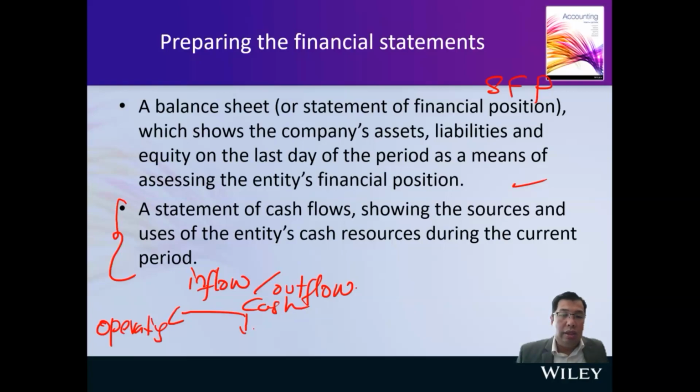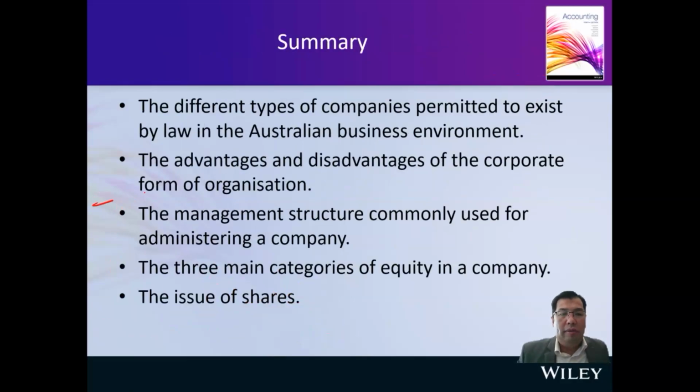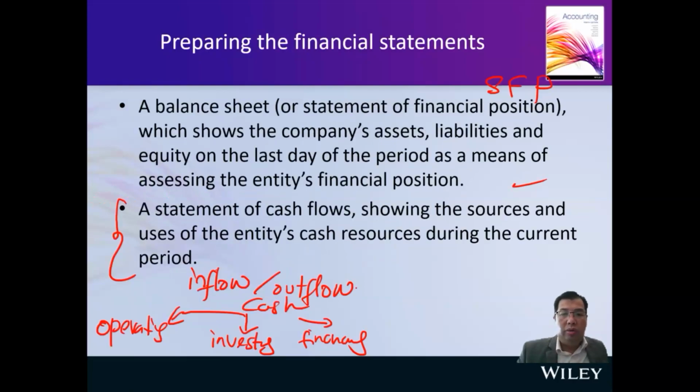Number 2 is from your investing activities. And finally is your financing activity. So this will be a new document. I'm going to teach you how to prepare the statement of cash flow when you do AK 200 ME.